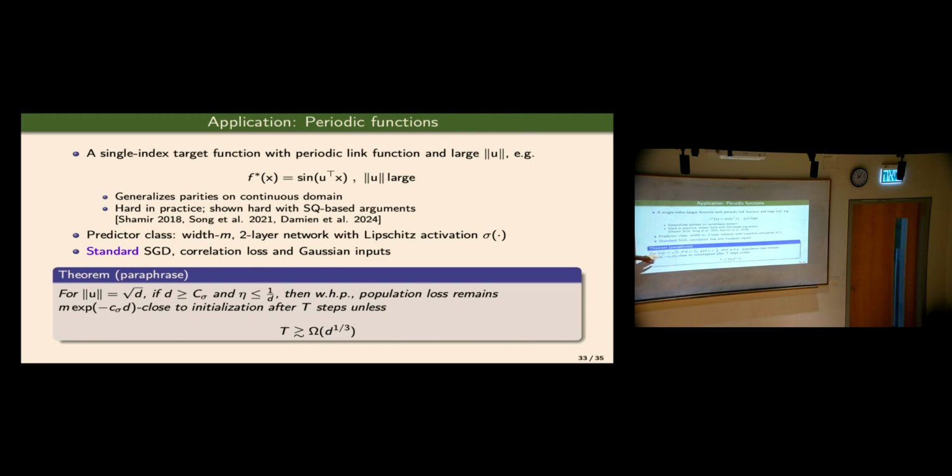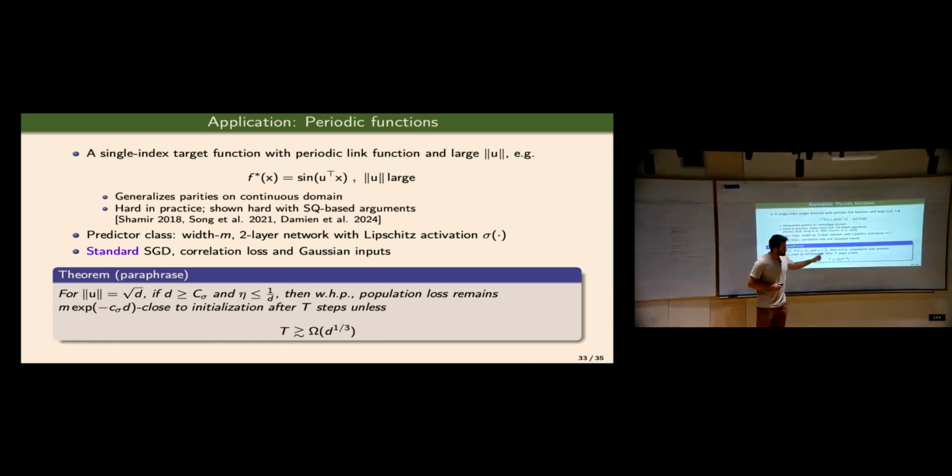Just for simplicity, we can take the norm to be the square root of d. As long as the learning rate is not too big and the dimension is relatively big, then the population loss is essentially going to be exponentially small in the dimension, unless the number of iterations you took is large. This is a very unfortunate typo.